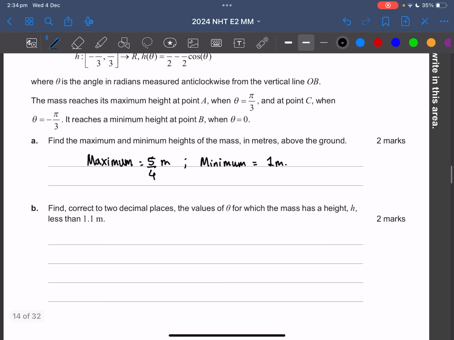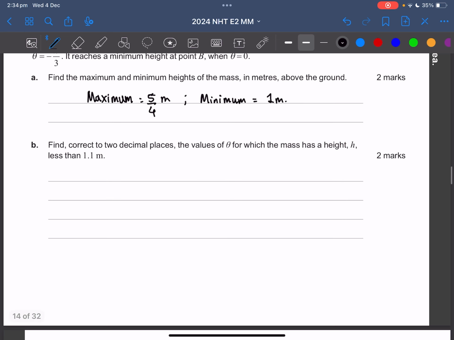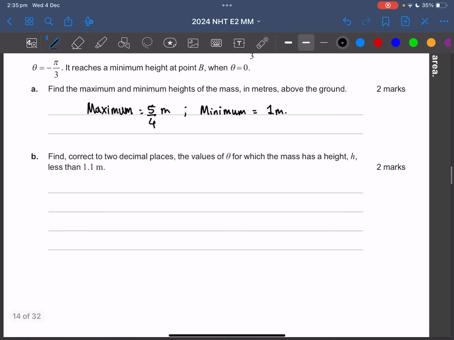Okay, now find, correct to 2 decimal places, the values of theta for which the mass has a height h less than 1.1 meter. So what we are basically finding is h of theta is less than 1.1.